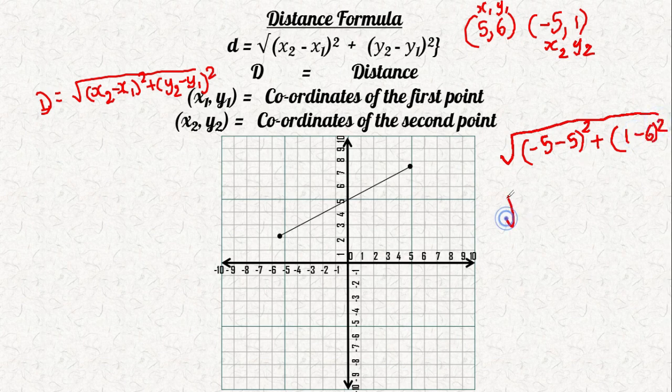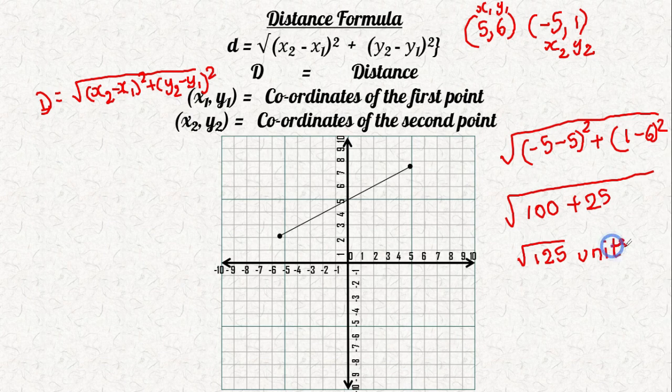So root of minus 10 whole square, which is 100. I have just skipped this one small step. And here 1 minus 6 is minus 5, and minus 5 whole square is 25. So it becomes root of 125 units. To simplify it, I'll write 125 as 25 into 5.